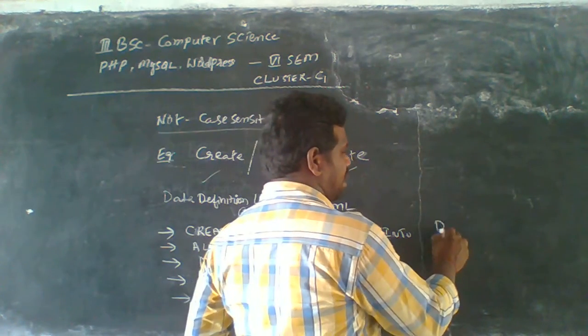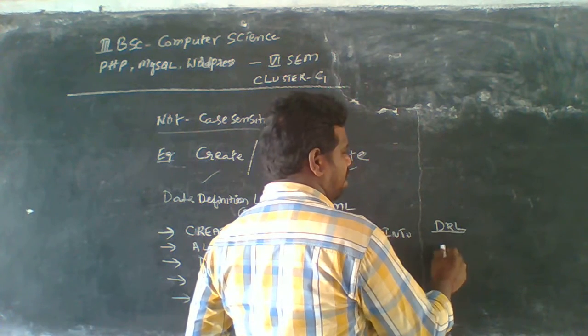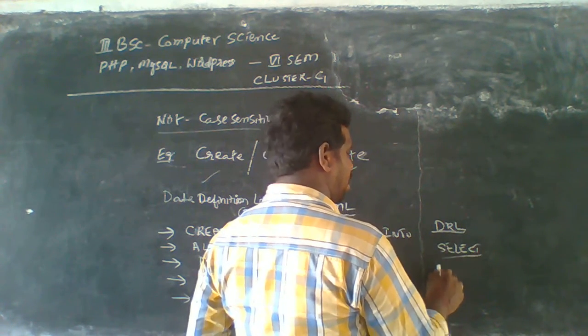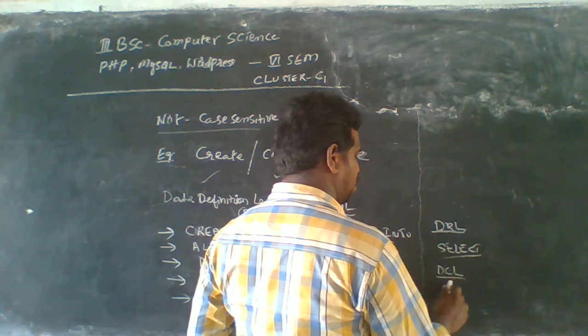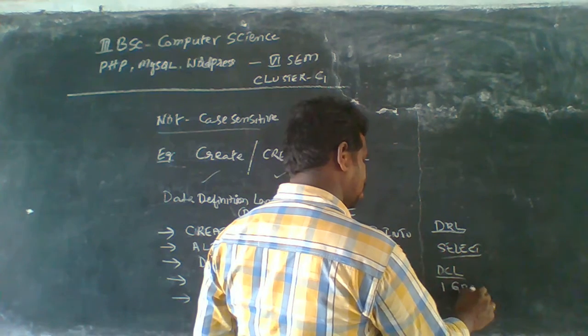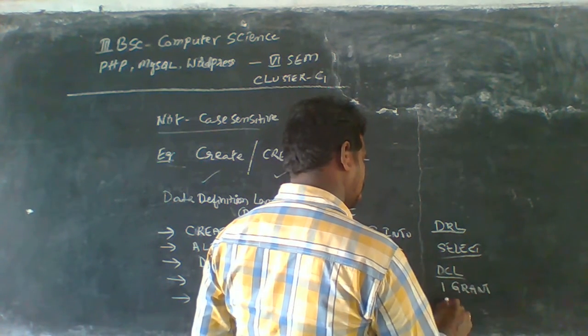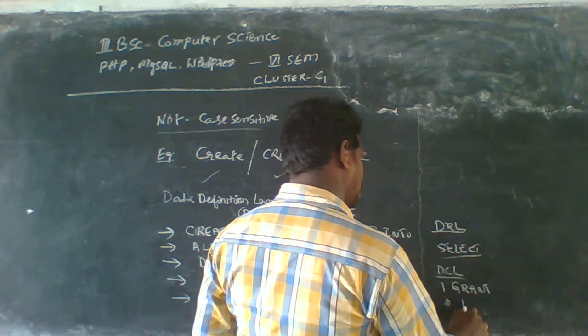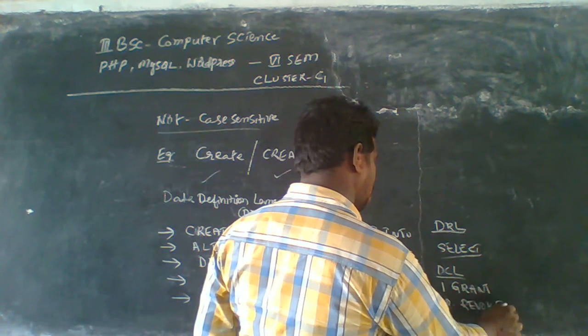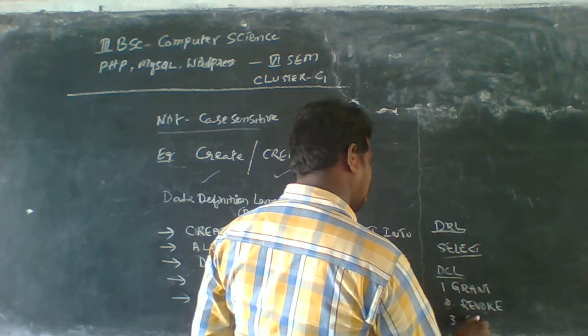And there is a DRL command. DRL is data retrieval language. It contains only one command, that is called the select command. And DCL contains three commands. First one is grant, and revoke, and the third one is called connect.